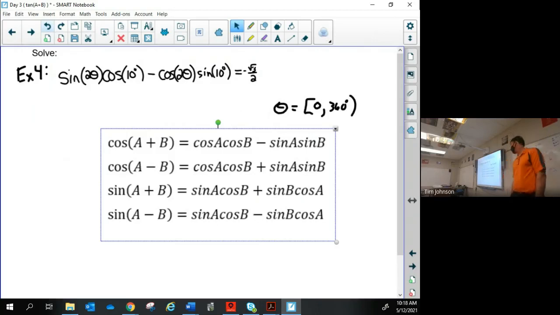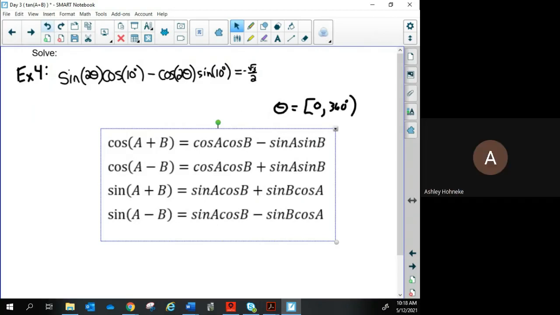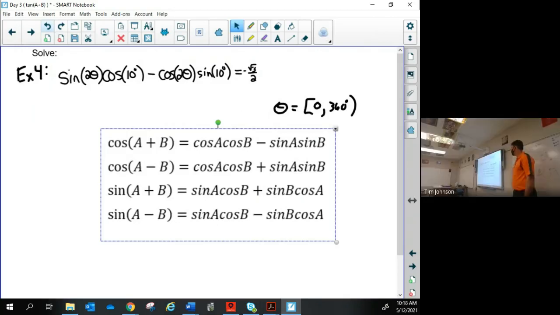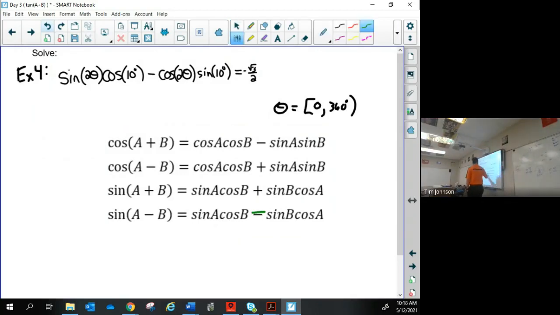Okay, do you recognize, in that problem, one of those rules, the sum of sine rule? Does it look familiar? Yes, it's the last one. I love that you saw that. We see that this is a minus right there. It goes sine, cosine, cosine, sine.